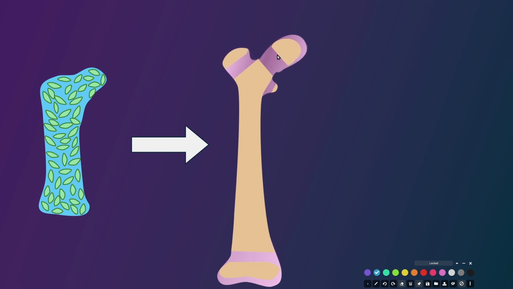Here also they can grow, and here also they can be replaced by the bone. It's a very easy process. So this process where the bone is growing from within the diaphysis is called interstitial growth. This interstitial growth is possible because the bone is formed due to endochondral ossification.